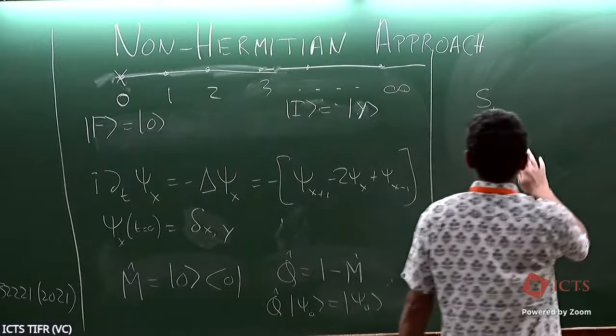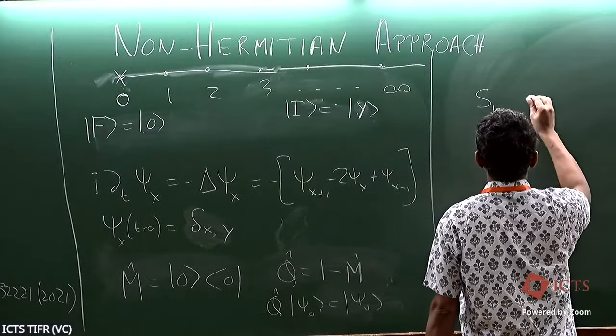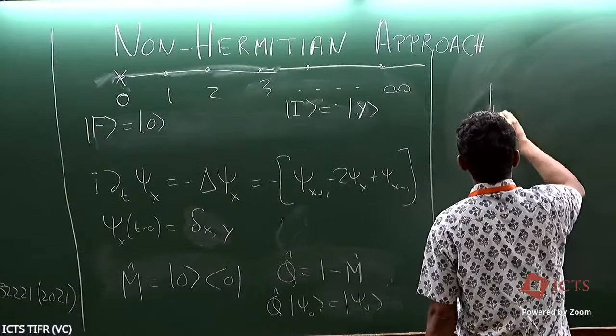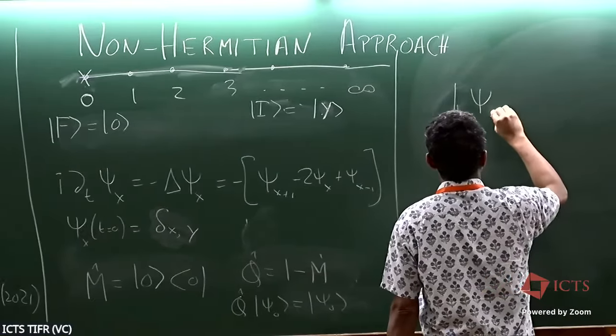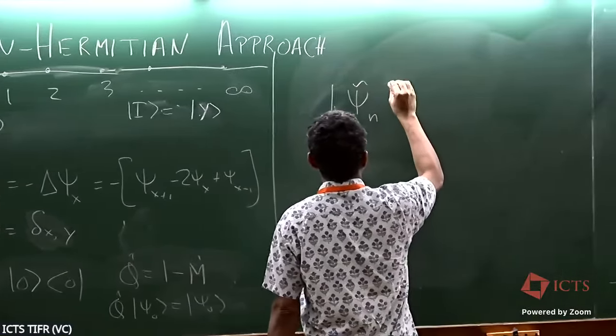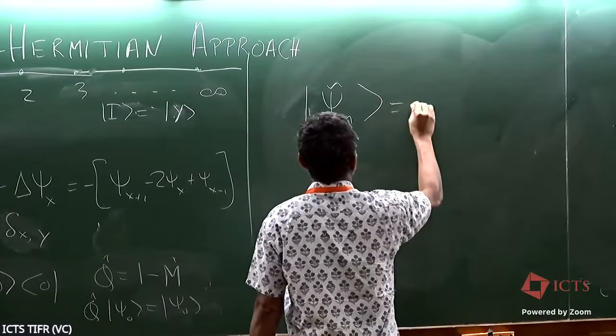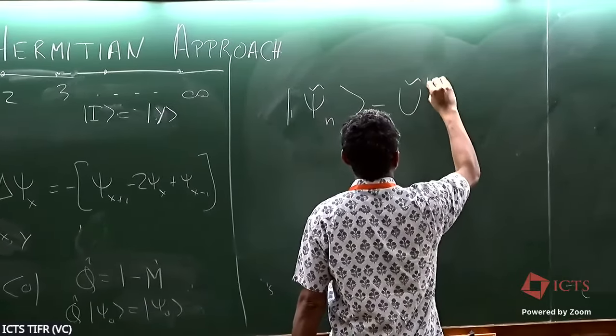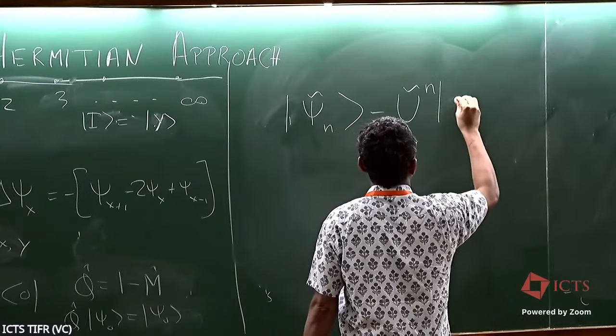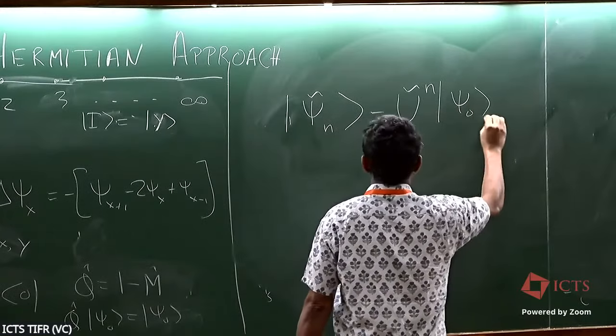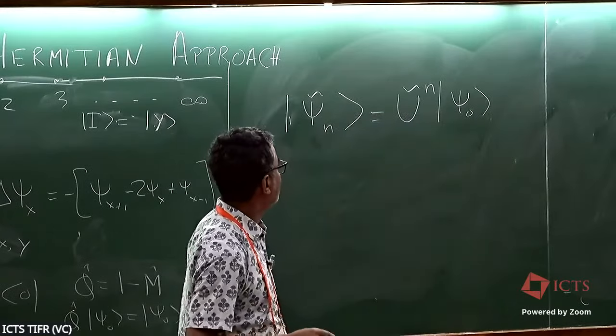Now what we had seen earlier is that the effective evolution of the system we can write as psi n tilde is given by U tilde to the power n psi naught, right? This is what we saw.